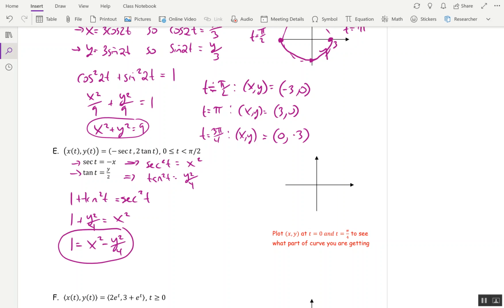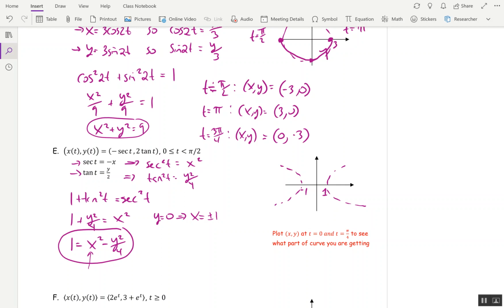And if I try to set x equal to 0, I'm going to see that I can't do that because y squared would be negative. So when y is equal to 0, I get x is plus or minus 1. So I know my hyperbola opens like this, left and right, going through 1 and negative 1 on the x-axis.